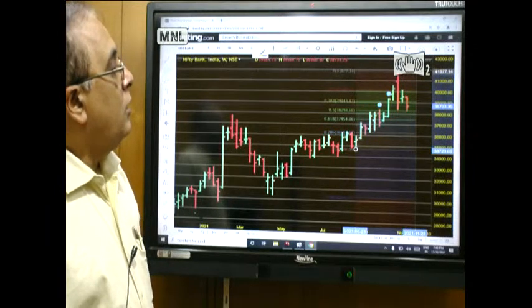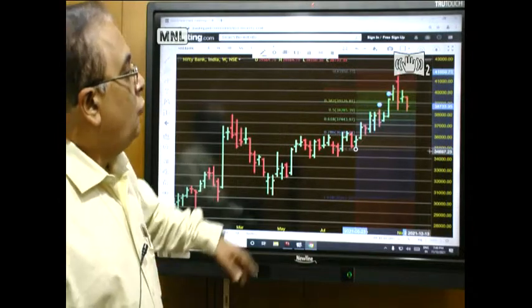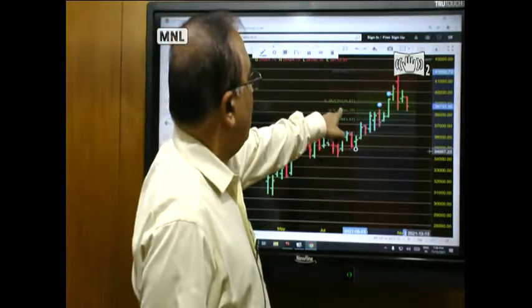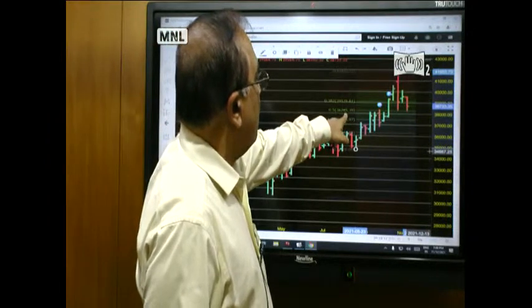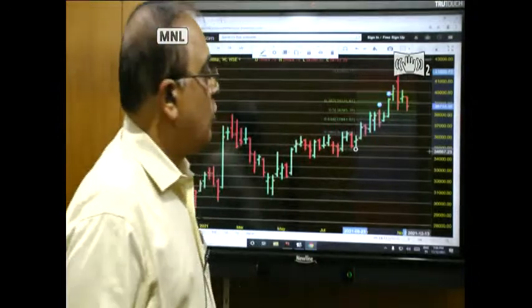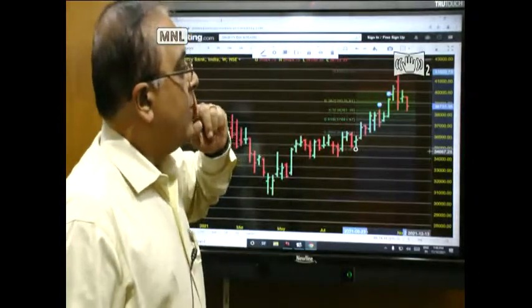So now you can see the Fibonacci here. This one also from this particular place. Okay, the resistance that was broken was the 50% retracement came to 38,285. That is where it came and rested.